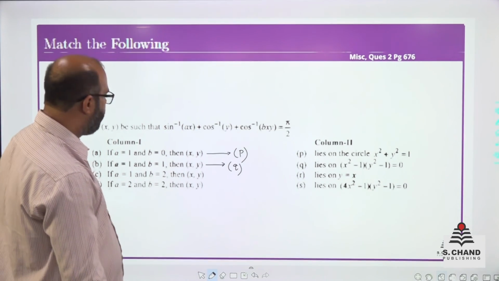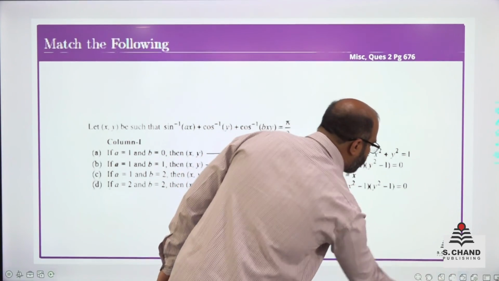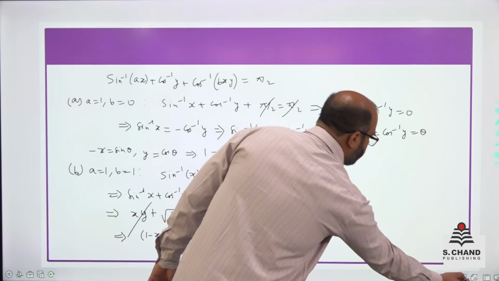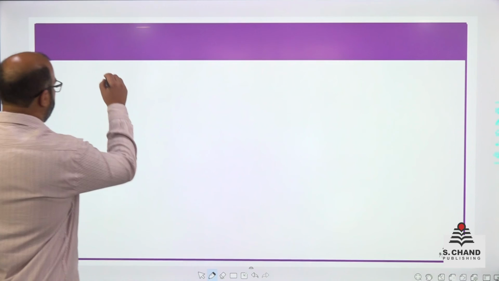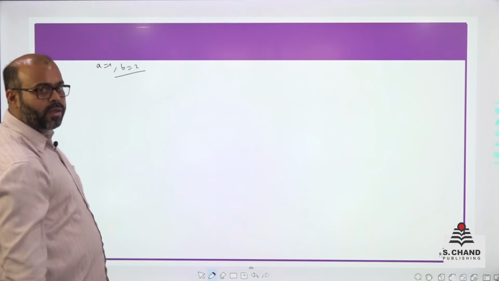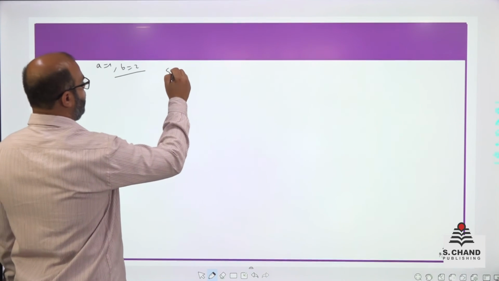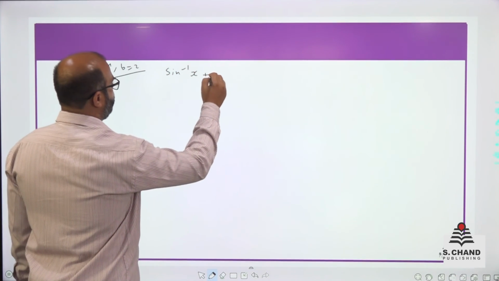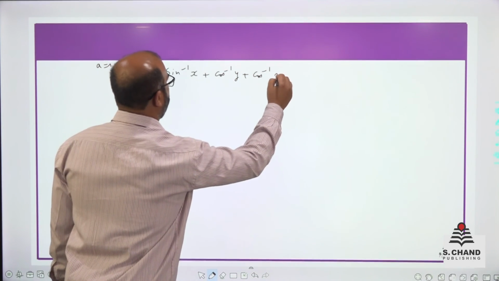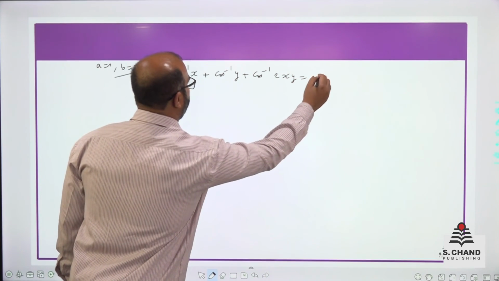Next one, it is saying A1 and B as 2. So A is 1 and B is 2. Now what will be the question? Sin inverse x plus cos inverse y plus cos inverse 2xy is equal to pi by 2.